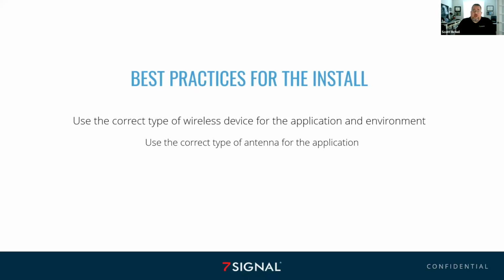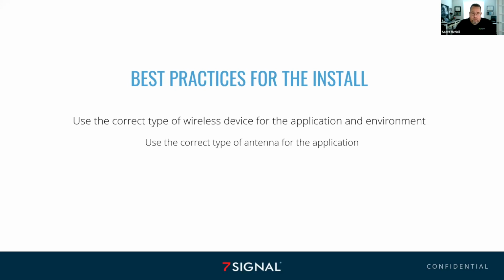You want to make sure you're specking out the correct type of antenna for the application. This is and has been the subject of multiple other webinars all on their own, two of which I know of from you guys, let alone the whole white paper that 7Signal keeps updating about correct antenna selection and application.